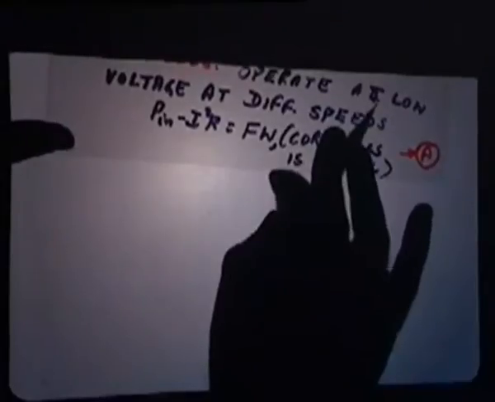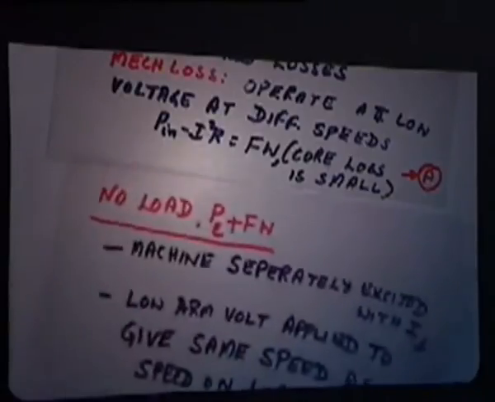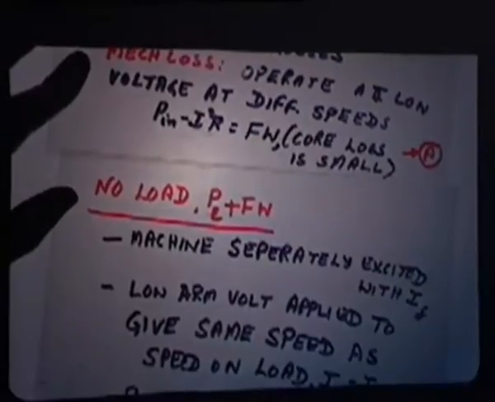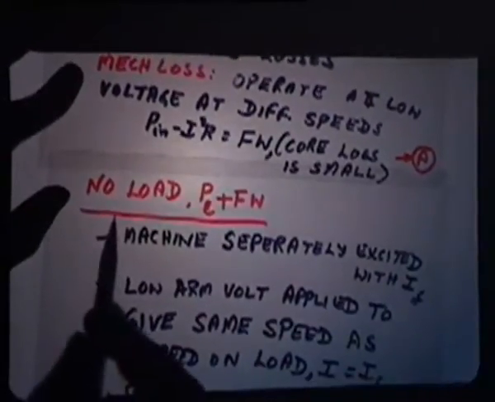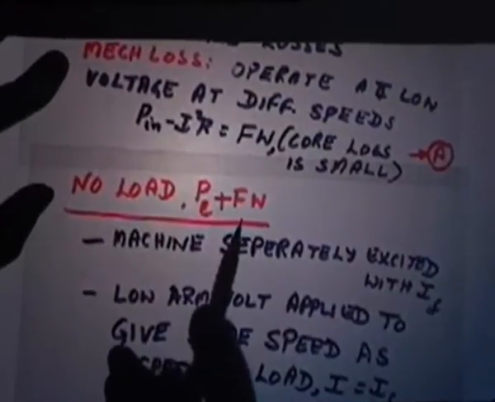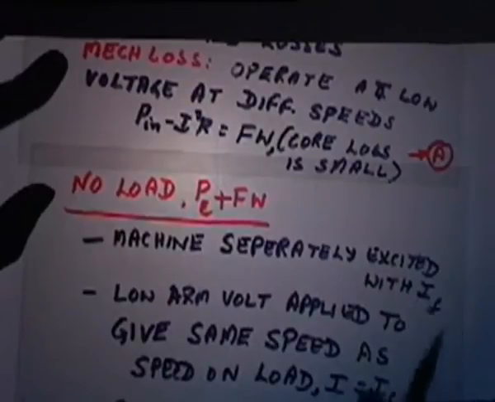After obtaining the friction windage loss, or the mechanical loss, we conduct another test at no load. We have seen this, and it is a no load loss test at nominal current. So the machine is separately excited with field current IF.